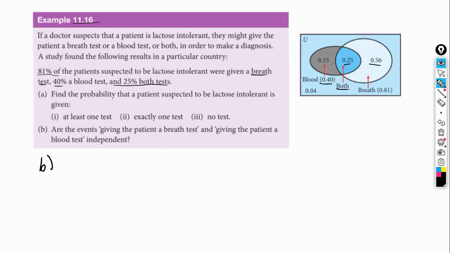For B, they ask, are the events giving the patient a breath test and giving the patient a blood test independent? If these events are independent, we would have that the probability of both tests should equal the probability of the breath test times the probability of the blood test.